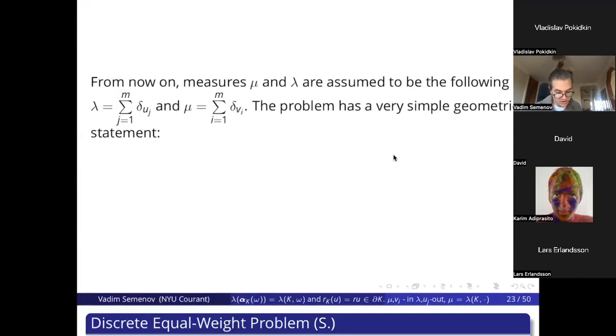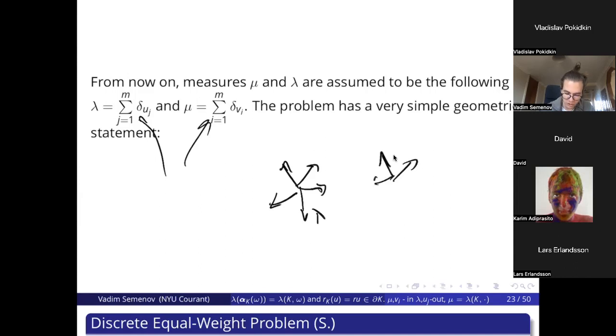Yeah, so one thing, I will just drop the coefficients here for simplicity, because they do not make the problem harder conceptually. They would just make the problem more technical. So imagine now you have two measures which are a bunch of vectors, right? This is your lambda and this is your mu.